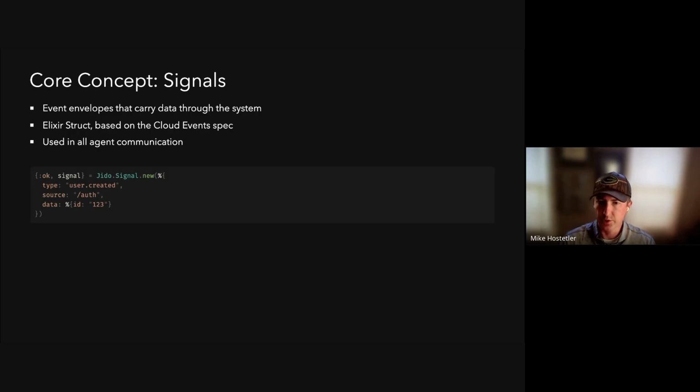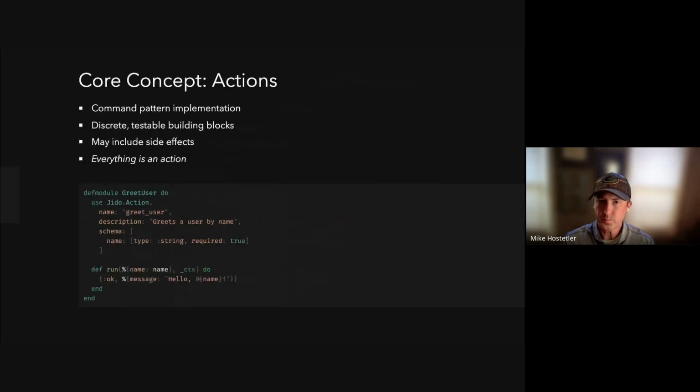It's a simple Elixir struct called a Jido Signal. There's a lot of ways to define and build these out, but they're defined by their type. We take advantage of some of the extra fields defined by the CloudEvents spec, so we can source what agent they came from, and then a data payload. That data payload is a map. These can be converted to JSON, et cetera. But this is a key foundational concept that's used all across Jido, and that is signals. We'll see those later on.